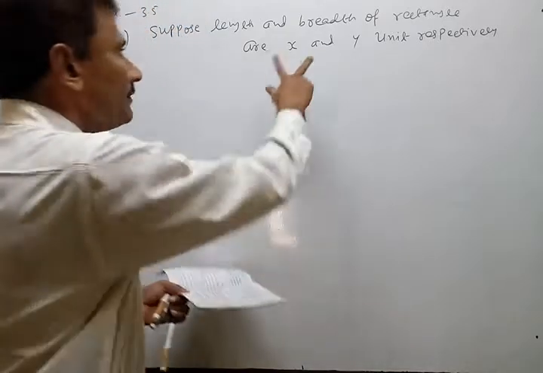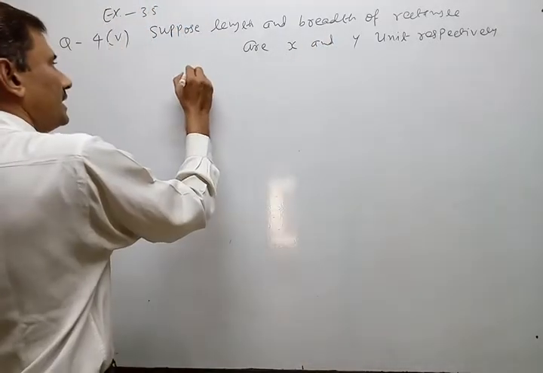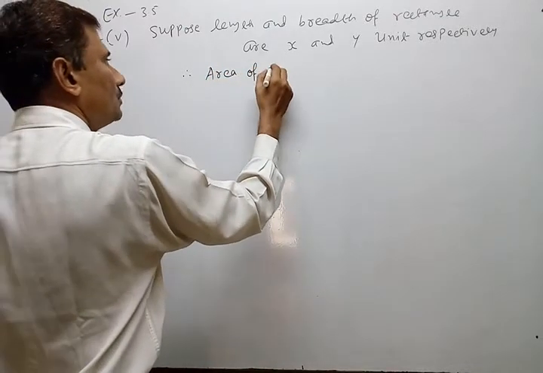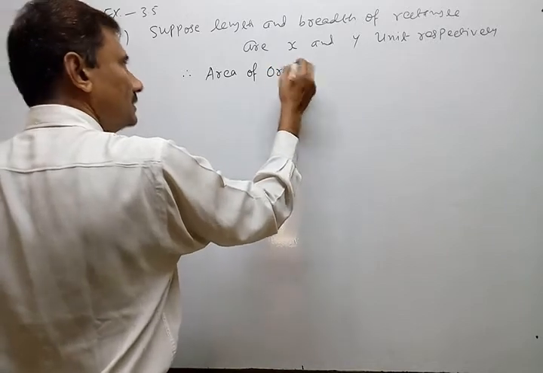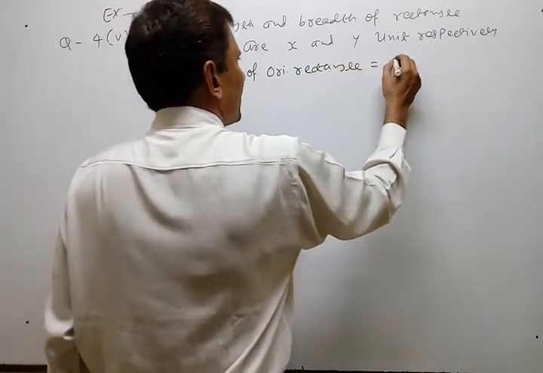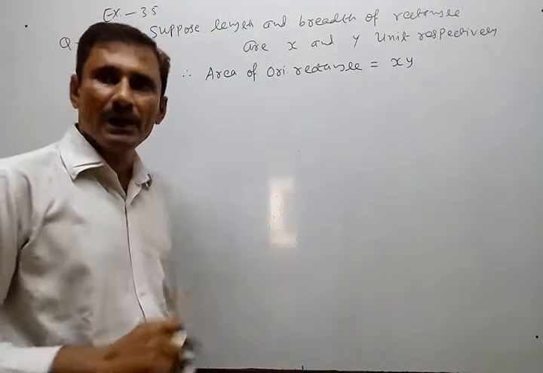Now if we suppose x and y as the length and breadth, then obviously the area of the original rectangle, meaning the rectangle before any changes, equals xy, obviously length into breadth.